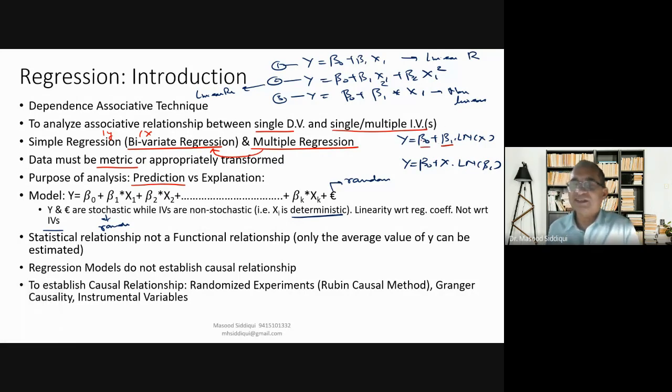Both are having single degree, right? And the second equation is not linear with respect to the regression coefficient. So this is linear and this is non-linear. Okay. So up to this point, is it clear or any question?